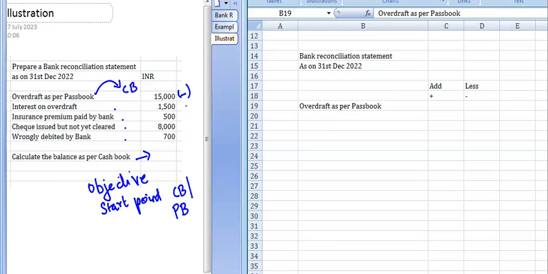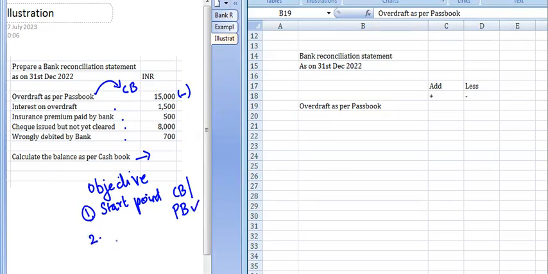So for that, we need to mentally understand what are the transactions which would have been there in the cash book, and which would not be there in the cash book, given the situation. Okay, so 15,000 is the overdraft balance as per passbook. From this, we need to arrive at the cash book. So first, the start point is the bank passbook. Okay.